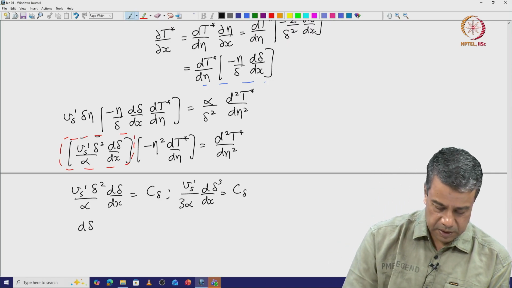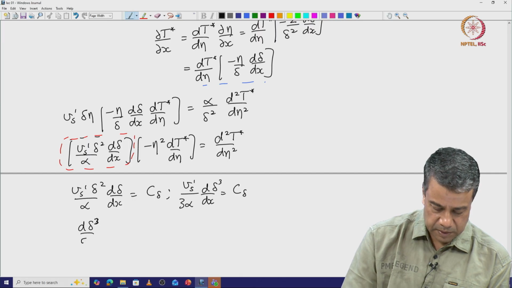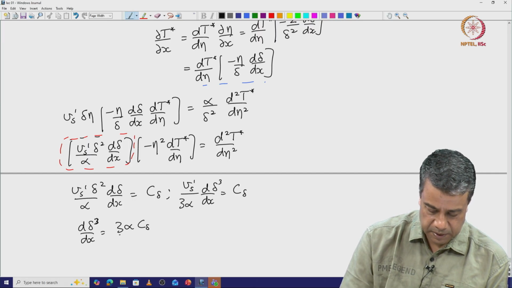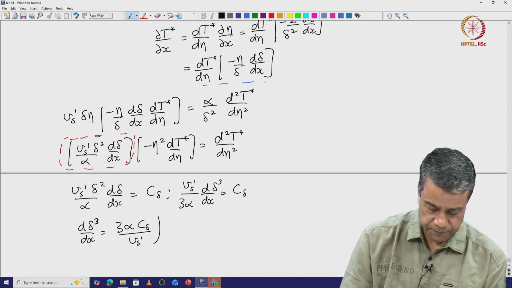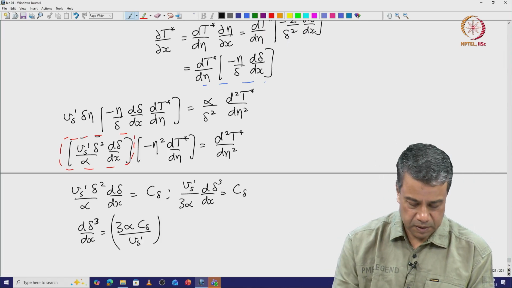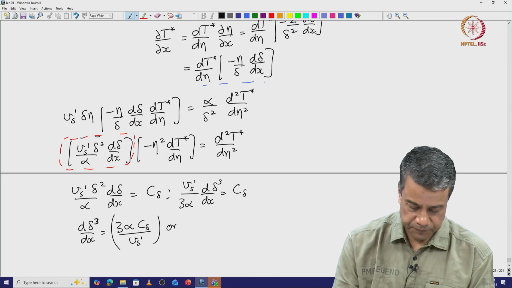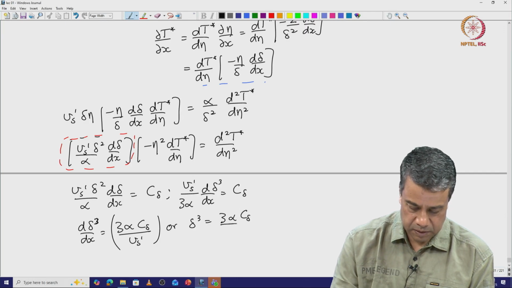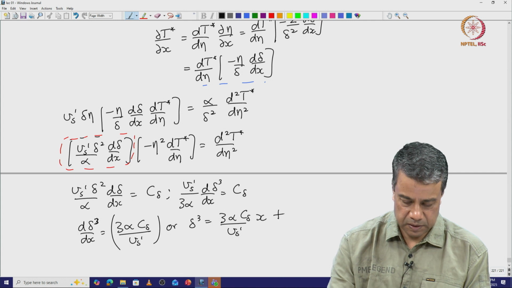Or rather d delta cubed by dx is equal to 3 alpha c delta by Vs prime. Or delta cubed is equal to 3 alpha c delta by Vs prime into x plus a constant.